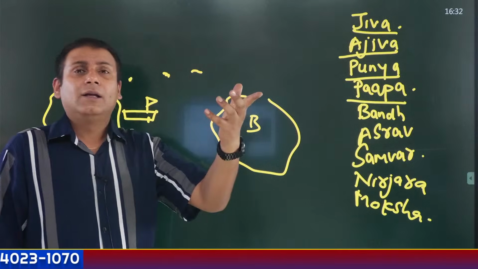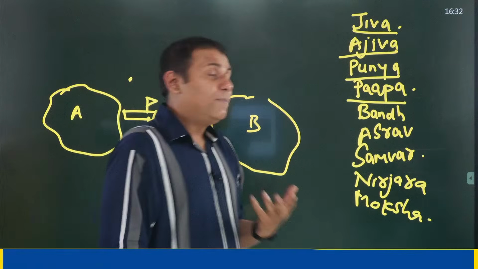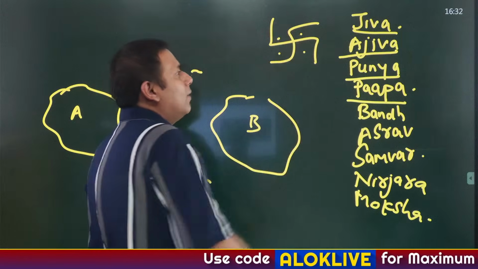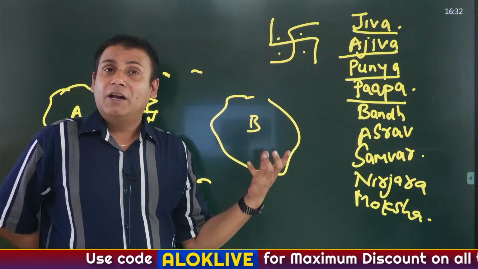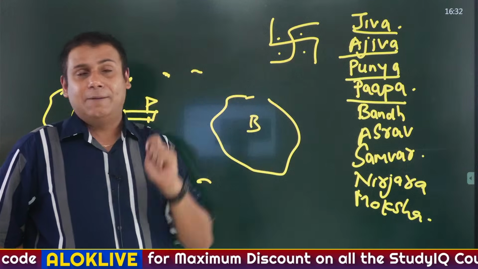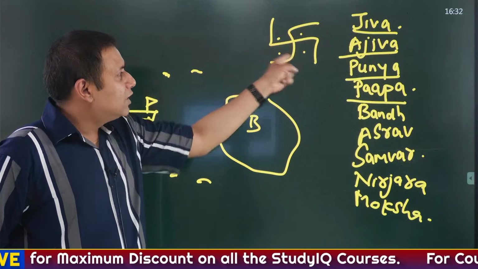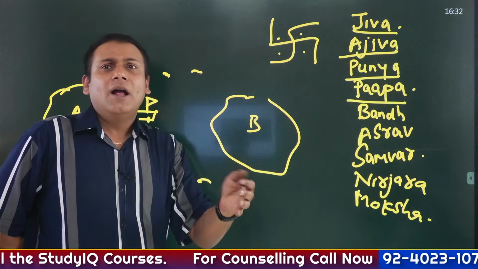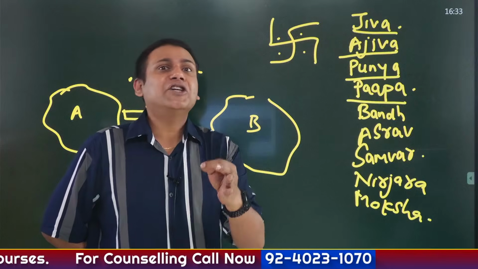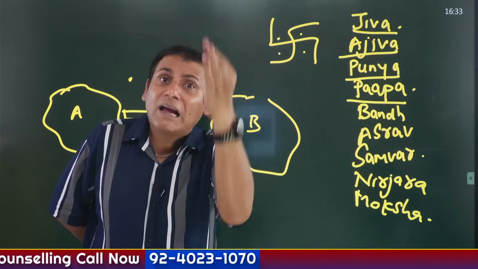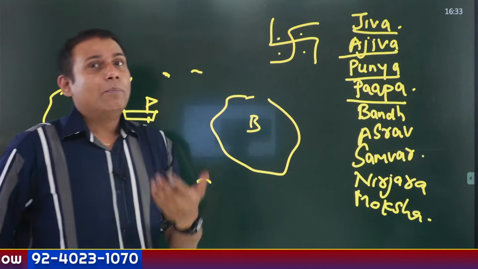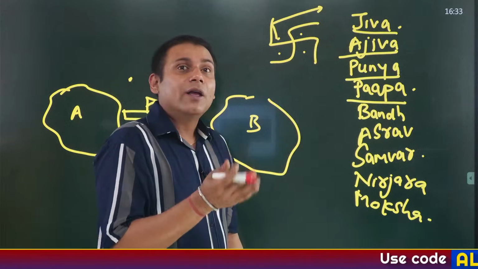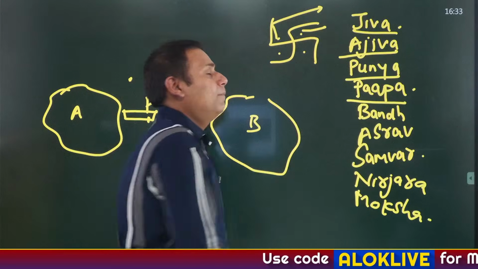You might have heard about this important symbol, the swastik. The swastik symbol is quite significant from the perspective of Buddhism, Jainism and Hinduism. Now there are 4 dots in the swastik. What do these 4 dots exemplify? They simply exemplify the status of our soul depending upon the stock of our karmas. If a person has performed good karmas throughout his life, his soul would be in heaven or he would be reborn as a human being.